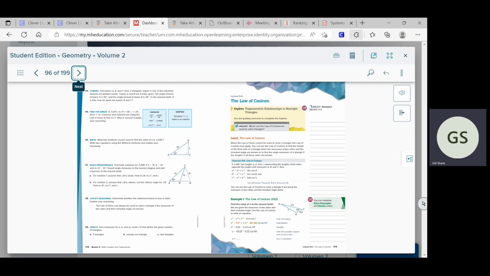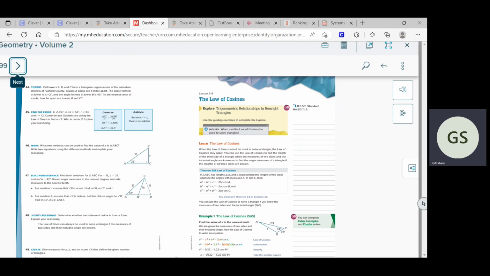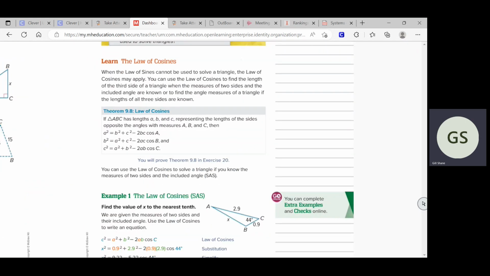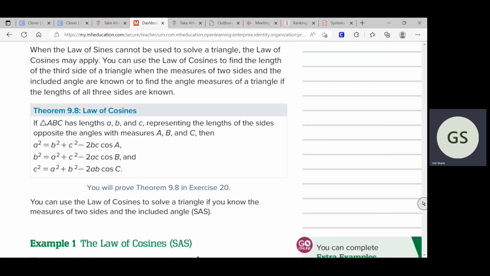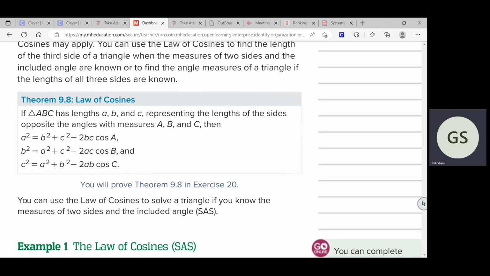And here's the new lesson. This is definitely a little more complex. Still memorization, but tougher to memorize. So now we're learning a way to solve for missing information using cosines instead of sines.